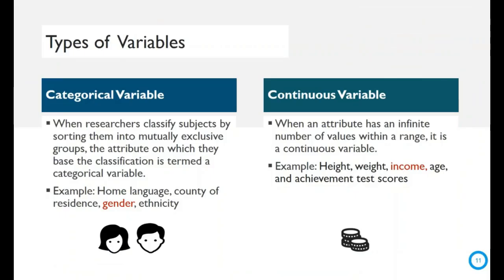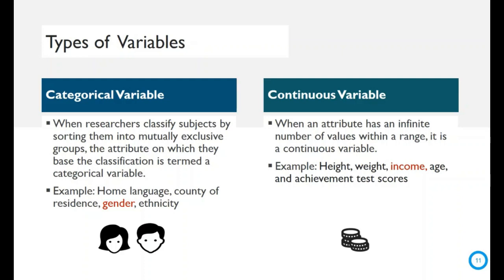All right, types of variables: categorical and continuous variables. Actually there are several ways to classify variables. Variables can be categorical or they can be continuous. When researchers classify subjects by sorting them into mutually exclusive groups, the attribute on which they base the classification is termed a categorical variable.